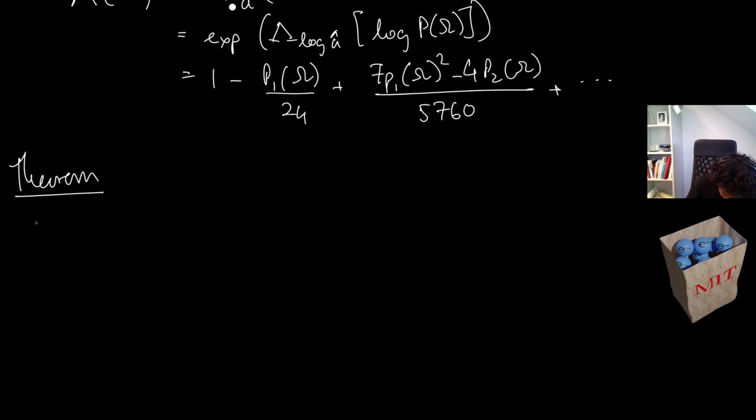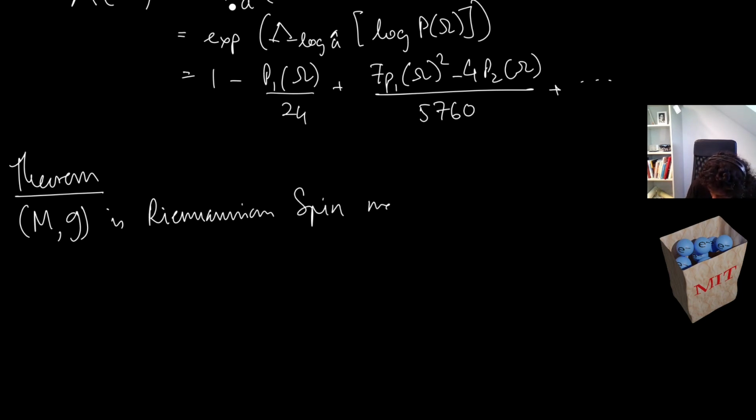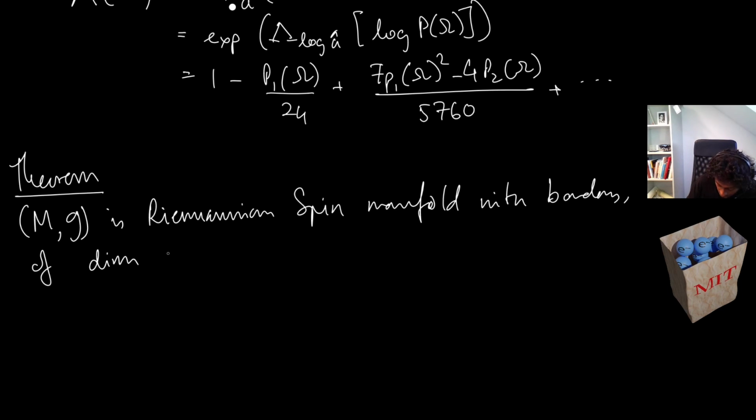So M, g is a Riemannian spin manifold with boundary of dimension n equals 2m, okay?